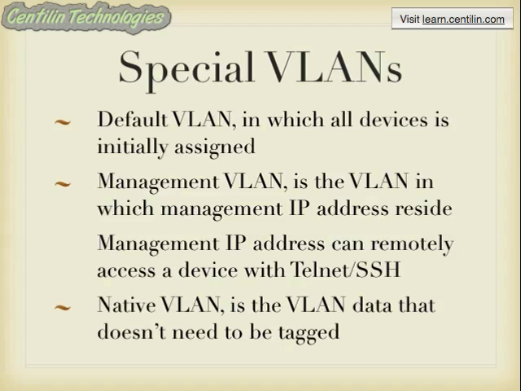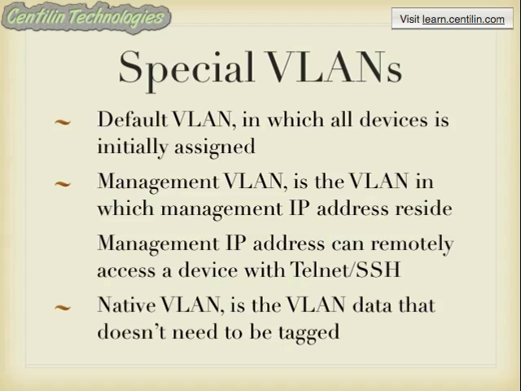And finally, a native VLAN is an 802.1Q trunk encapsulation concept. We'll talk about the protocol a little later. This VLAN contains data, not hosts, that doesn't have any VLAN tags on them.